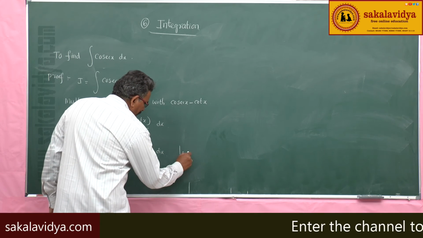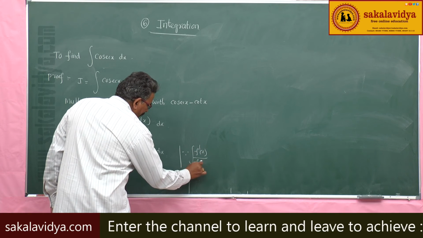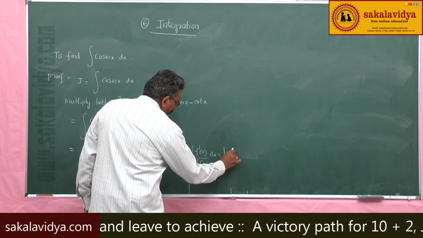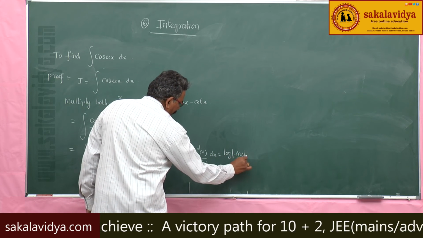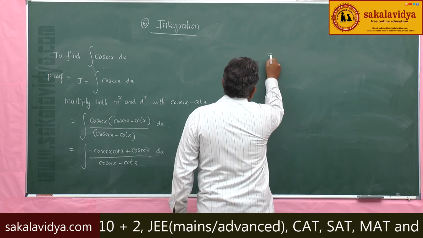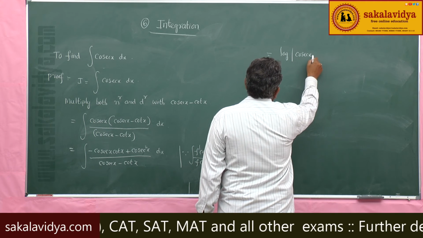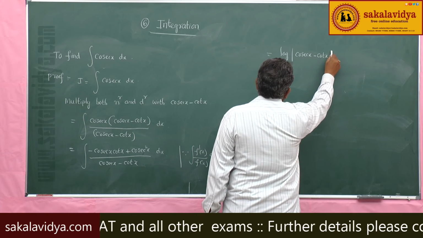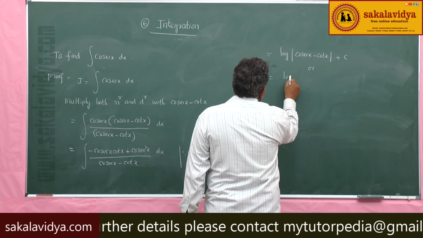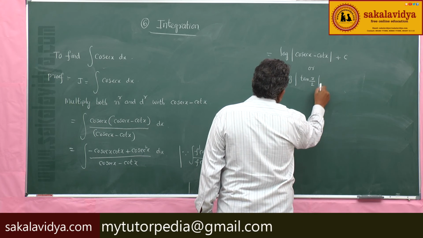So, that means since integral f dash x by f of x dx is equal to log mod f of x plus c, using this we can write log mod cosecant x minus cot x plus c, or this is log mod tan x by 2 plus c.